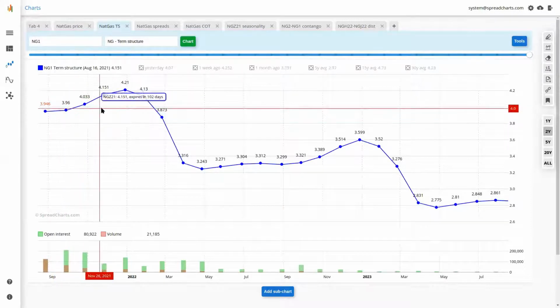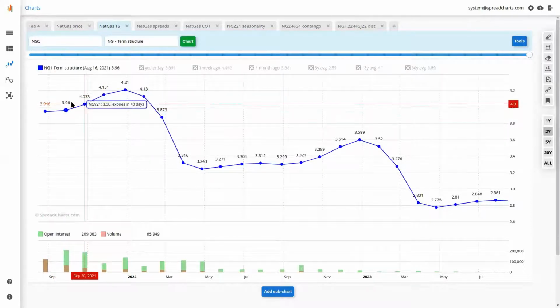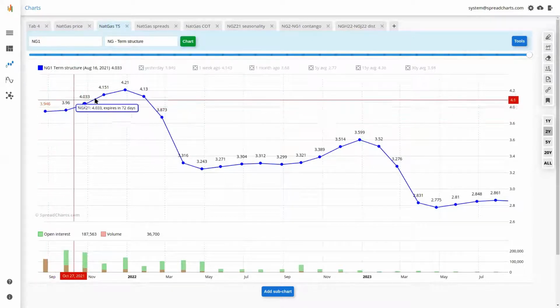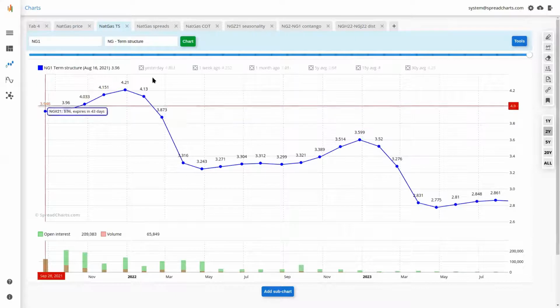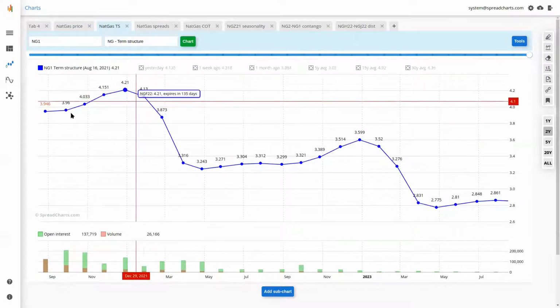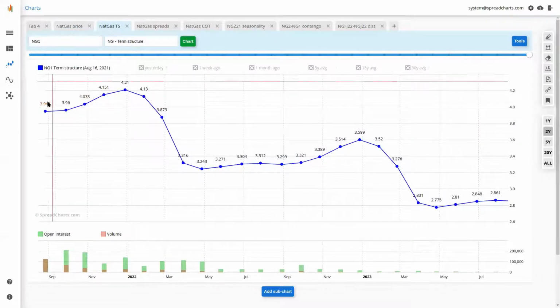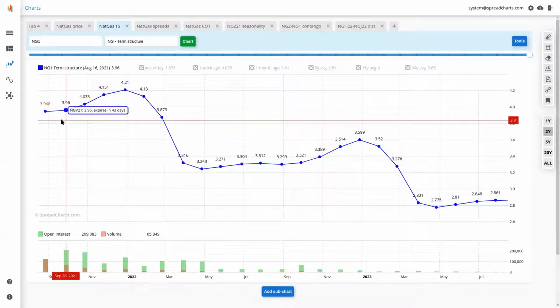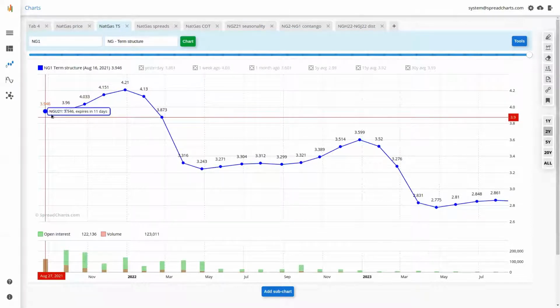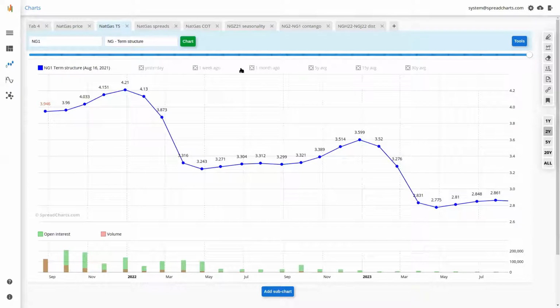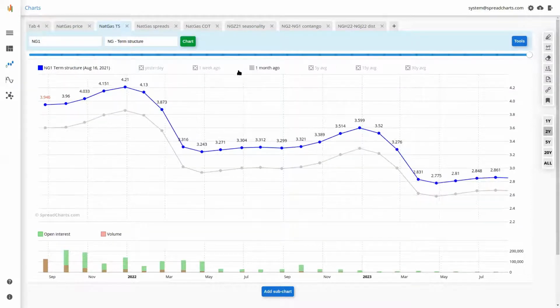Yes, we are in backwardation on the near end, and not, we are still in contango on the near end of the curve. I have some other charts specifically about this metric, but definitely the contango is becoming much lower than it historically was.